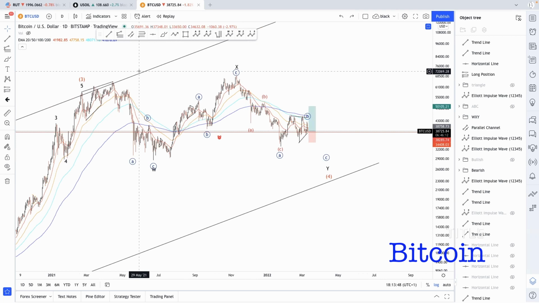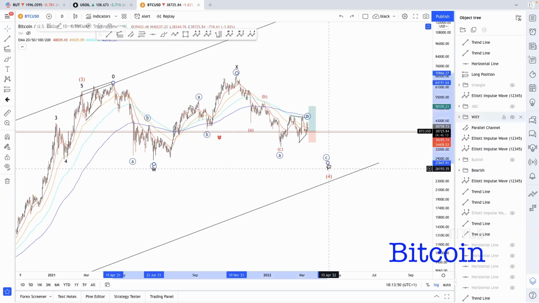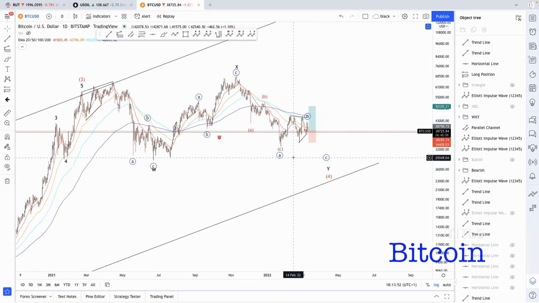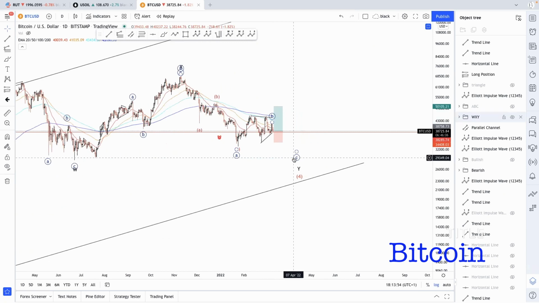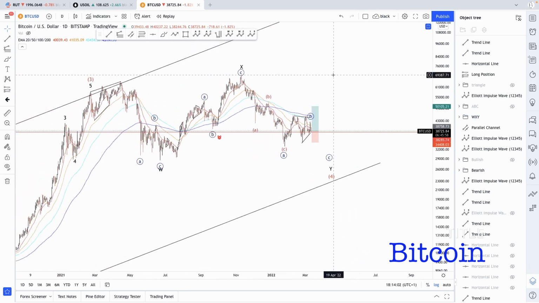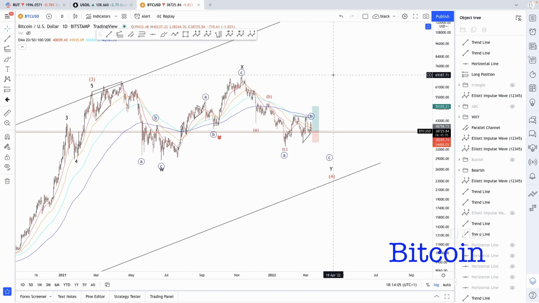It can be any combination. So this would be a flat in wave Y, which is fine, and it makes sense: three down, triangle in B. Then let's move lower, and that will make sense for my indices count, which I'm going to show you also in just a second.